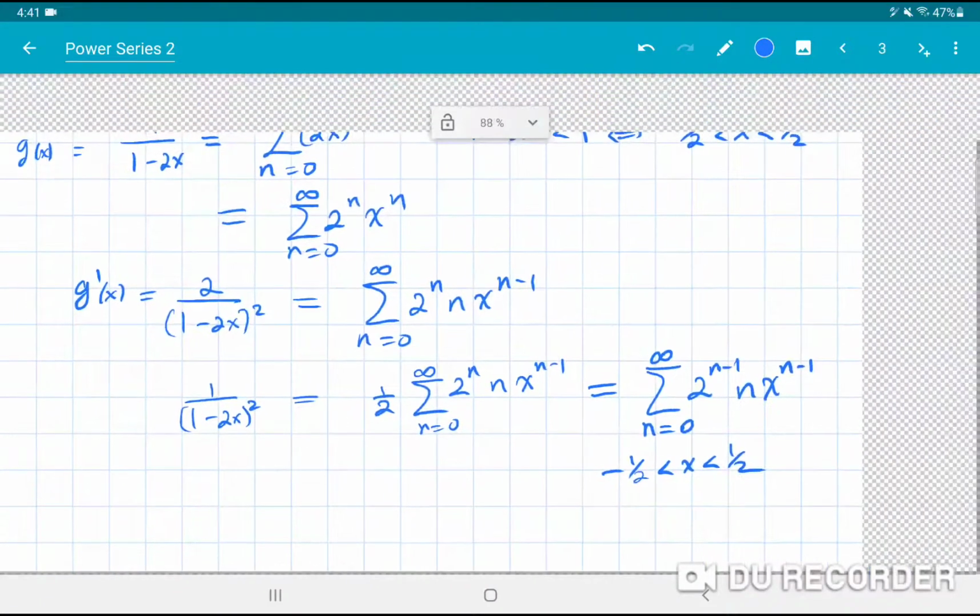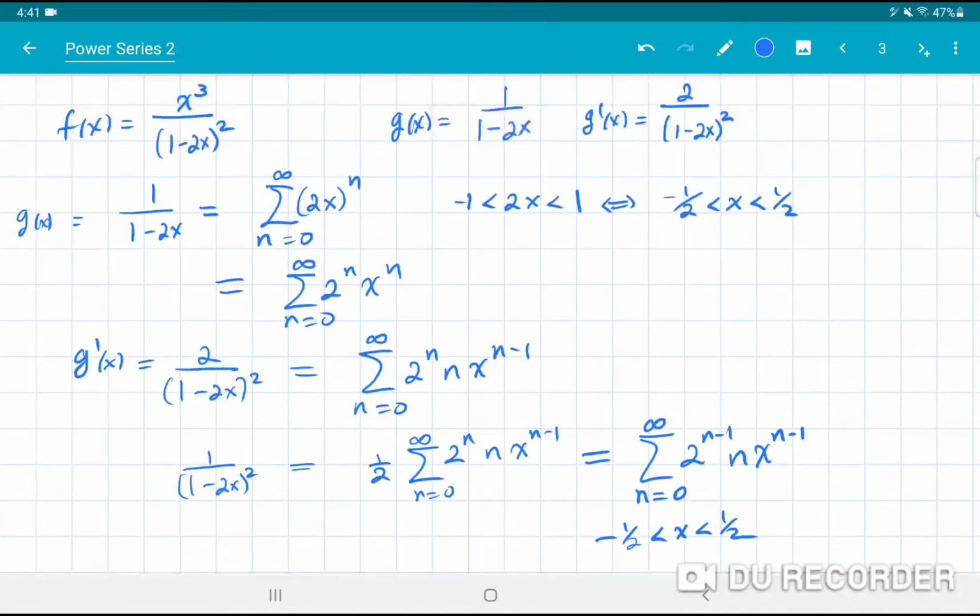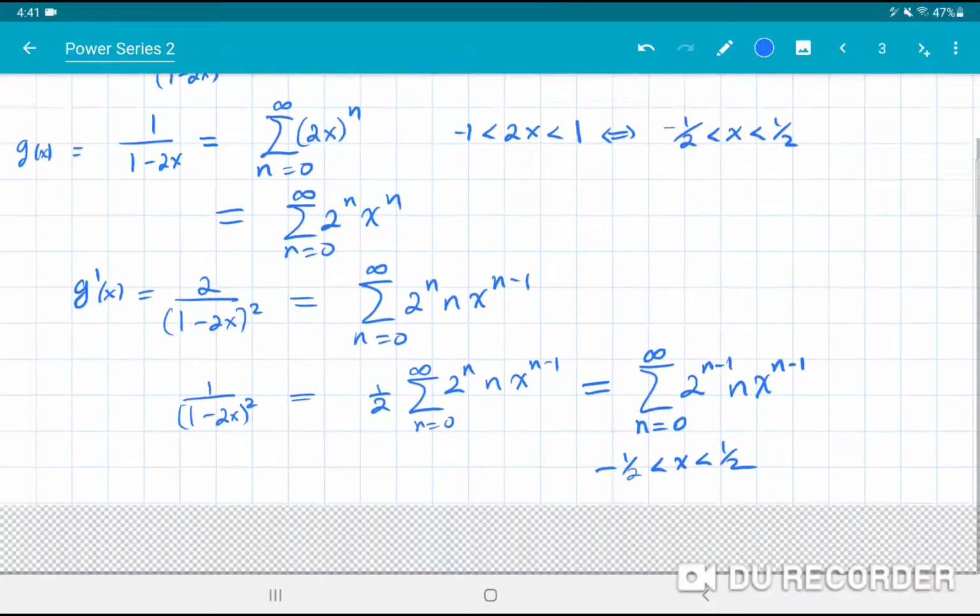So what was the original problem? The original problem was x cubed times this guy. So what I have to do is just multiply this by x cubed. All right, let's go ahead and do that.